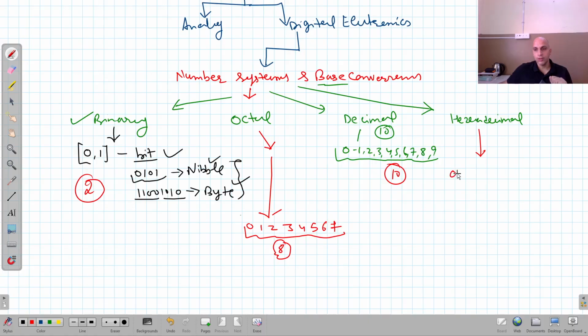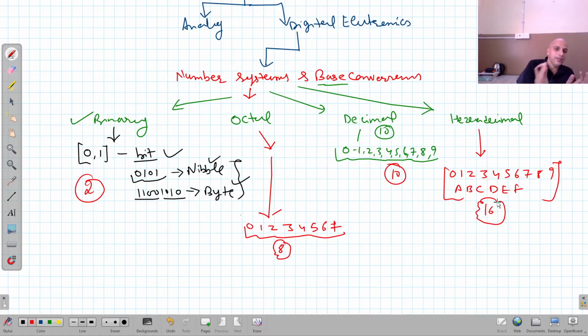They include 0, 1, 2, 3, 4, 5, 6, 7, 8, 9, A, B, C, D, E, F. So these are the total 16 unique digits or symbols that are used for representing a number in the hexadecimal number system, and its base is 16. So this is about the base and the different number systems that are used in digital electronics.